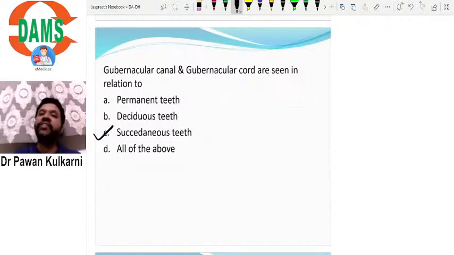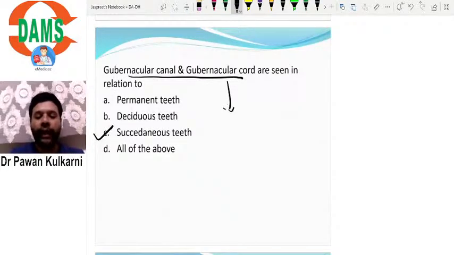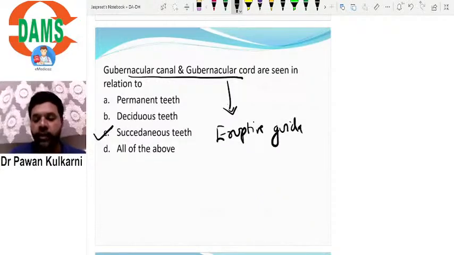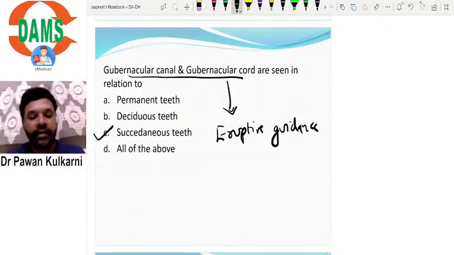Succedaneous are the teeth which have a predecessor. There the gubernacular canal and gubernacular cord act as eruptive guidance, helping in the proper eruption position for the permanent teeth.